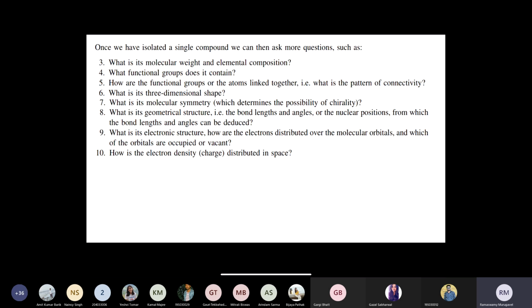And elemental composition is nothing but measuring the amount of carbon, hydrogen, nitrogen, metal, phosphorus, and so forth, in terms of percentage in a given sample, which is normally done by combustion analysis.